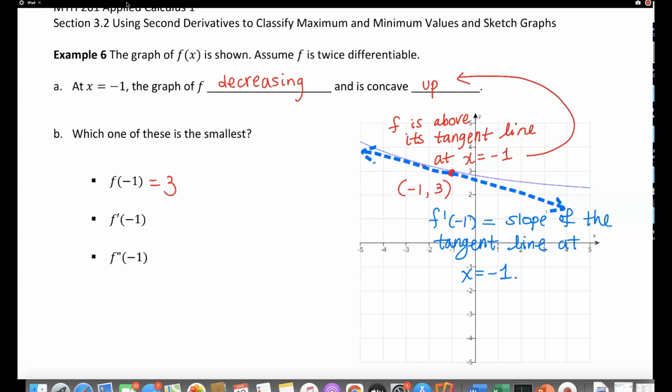But what I know for sure is this. Notice this tangent line is going down from left to right.